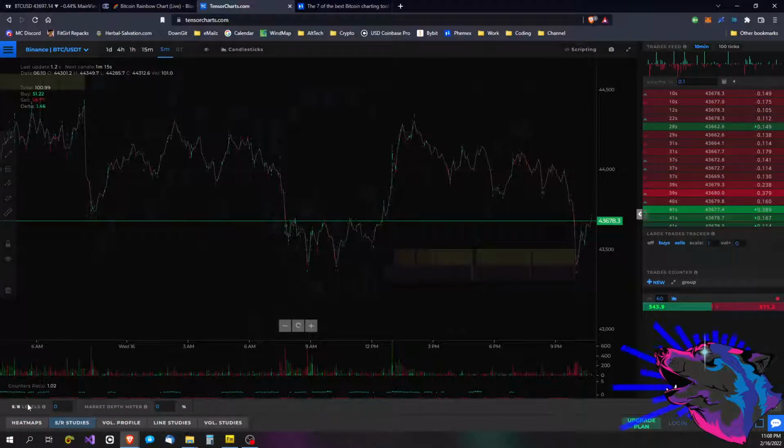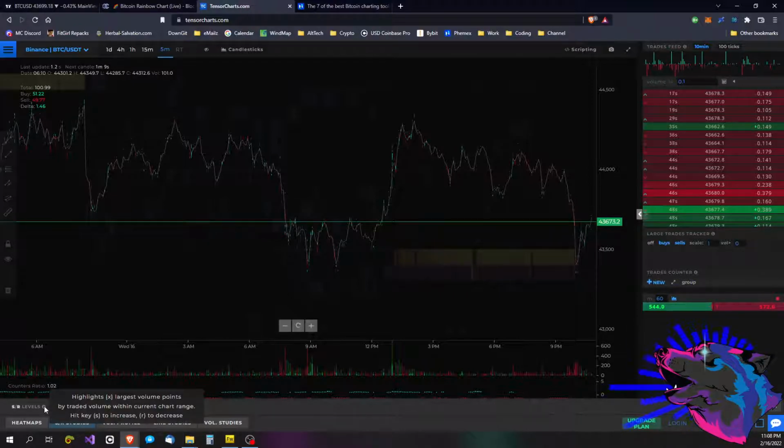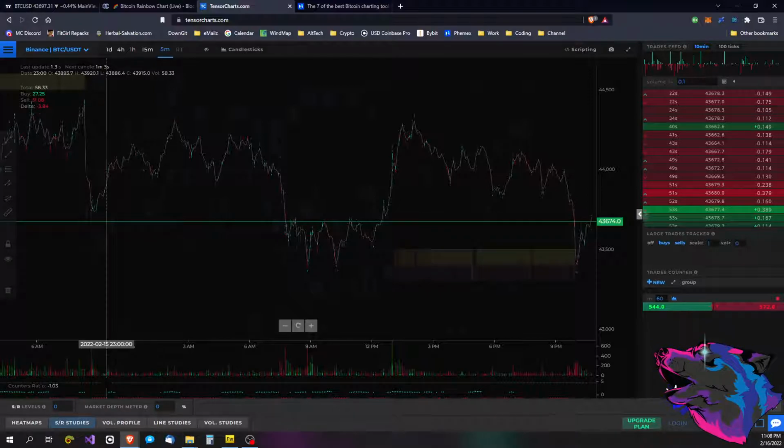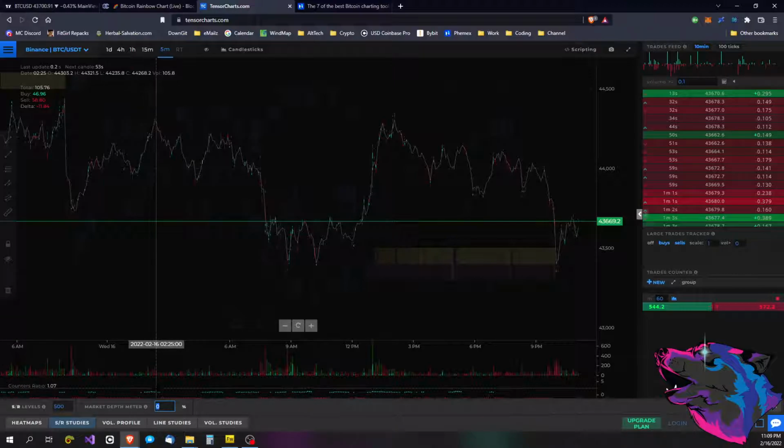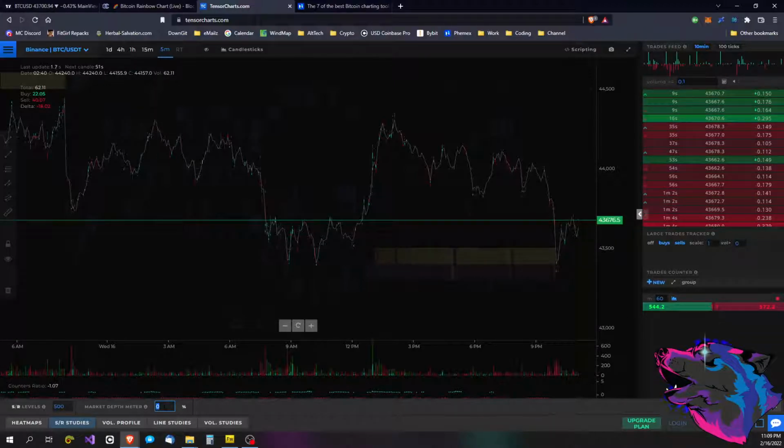which I feel you. Check out these support resistance level highlights. X largest volume points by traded volume within current chart range. Hit S to increase, R to decrease. I don't know. Let's see. What does that give us? Market depth meter. I don't know.